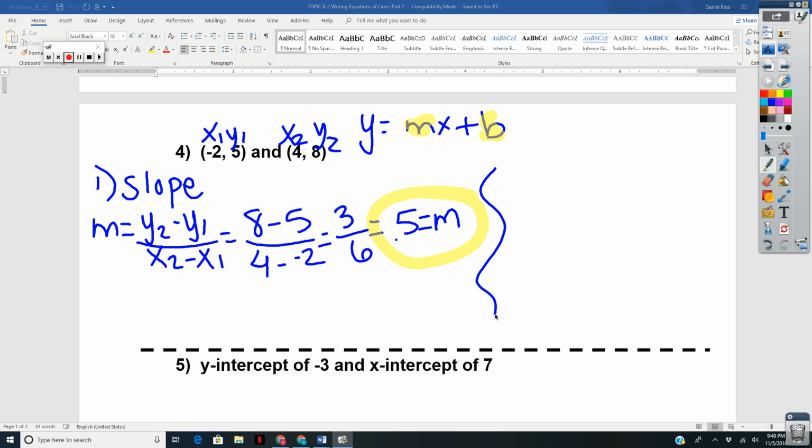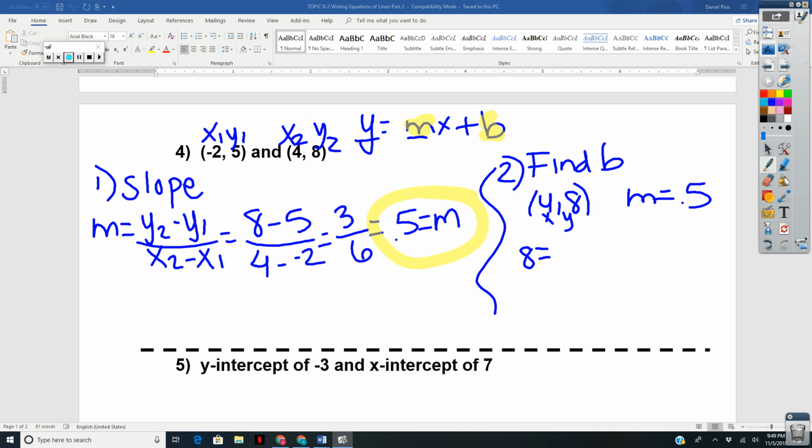Step 2, I need to find the b. Let's pick the second one, (4, 8). And I'm going to use my slope as 0.5. I'm going to label it x, y, and replace it: y is 8, m is 0.5, and x is 4, and I don't know what b is, I need to find it. 0.5 times 4 gives you 2, and then I need to move that 2 to the other side, so -2.